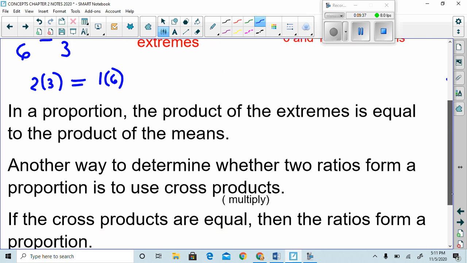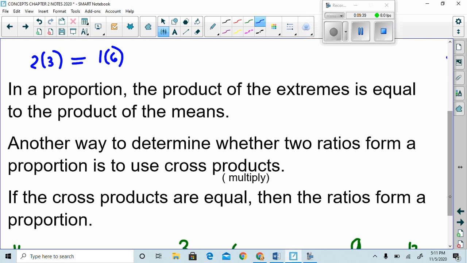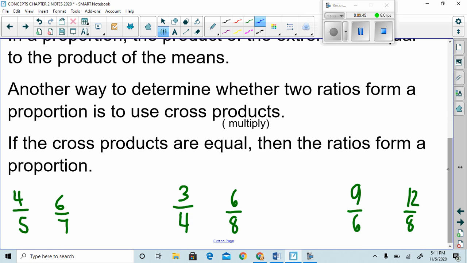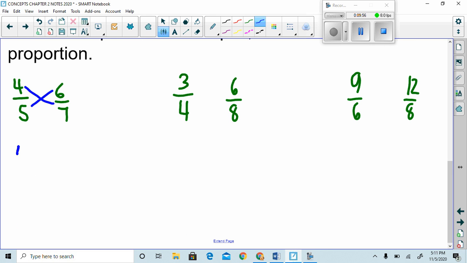Another way to determine whether two ratios form a proportion is to use these cross products, which means cross multiply. If the cross products are equal, then the ratios form a proportion. So let's cross multiply. Let's try a couple of these. We'll take 4 times 7, our extremes, and we're going to see, does that equal 5 times 6? It's kind of a question mark. We're not sure yet.